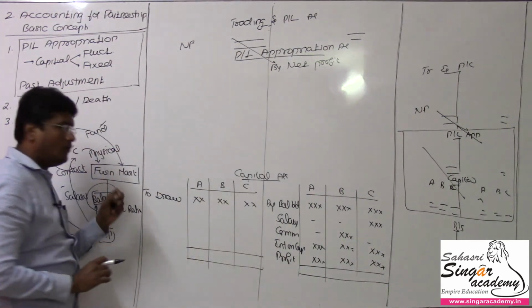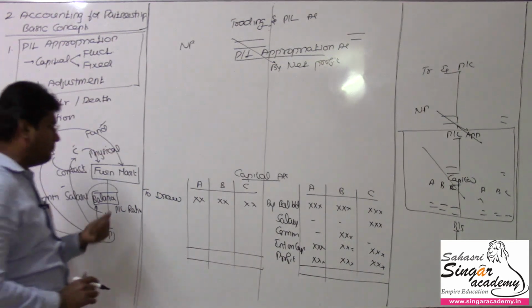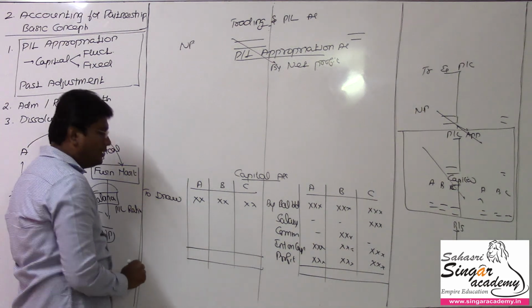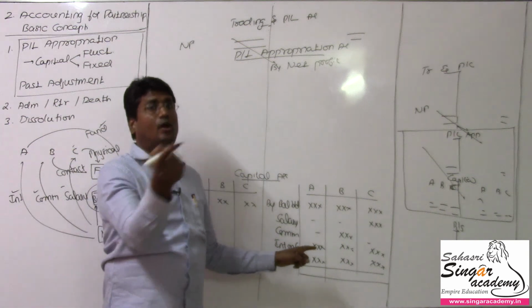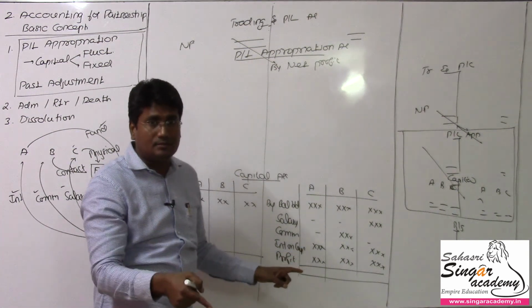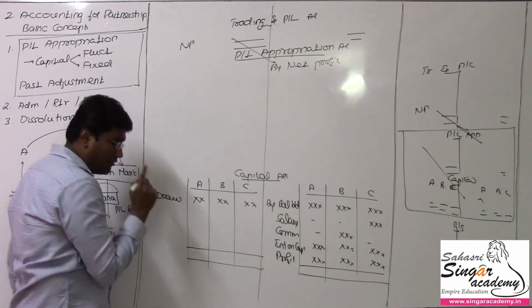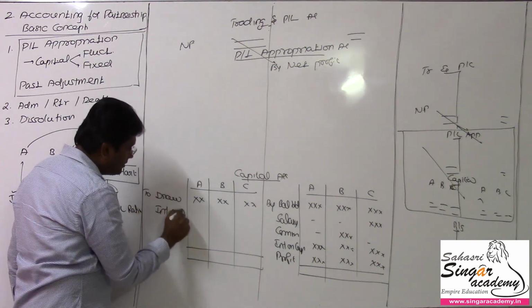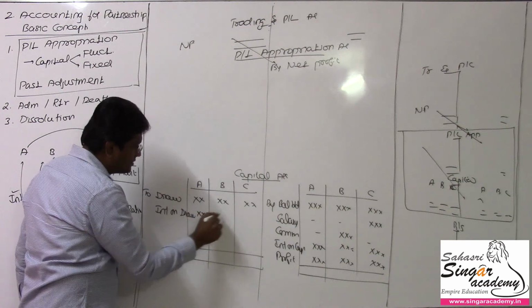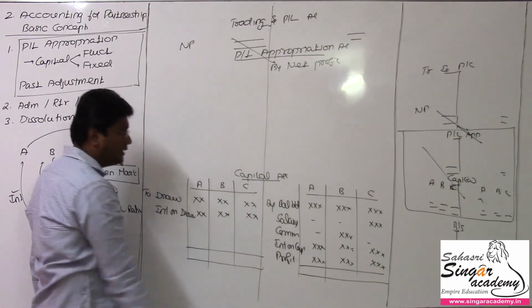Whatever the ultimate balance you get, that balance will be balance carried down. As you have invested the money, capital, you demanded interest. If you are withdrawing the money, you have to pay interest. So the firm is collecting interest from the partner. So interest on drawings. These are the values that are going to be charged in their books.